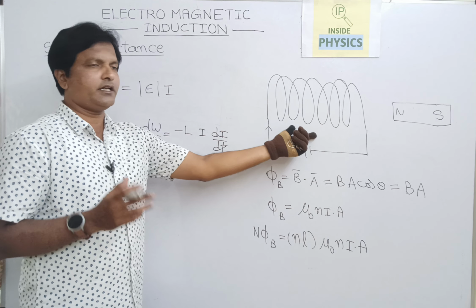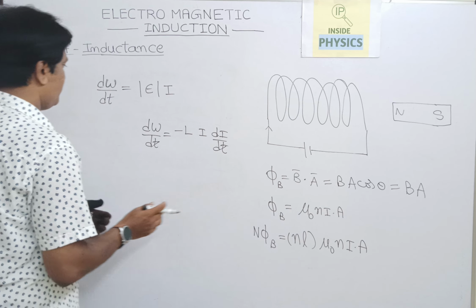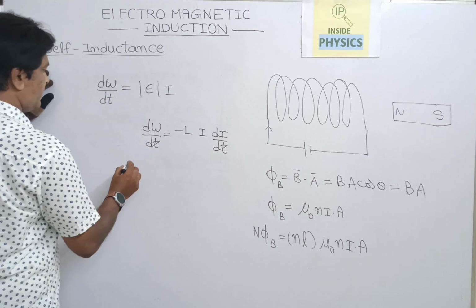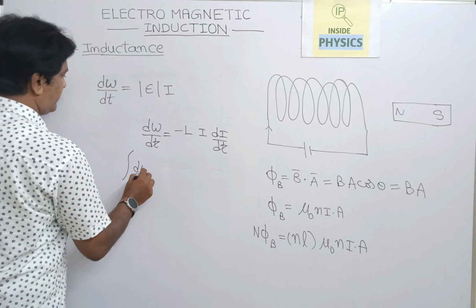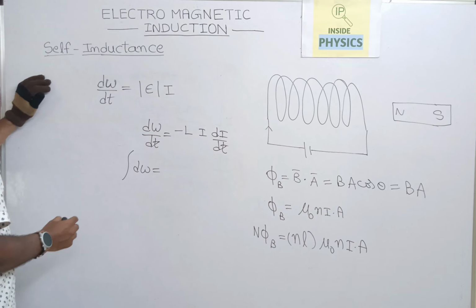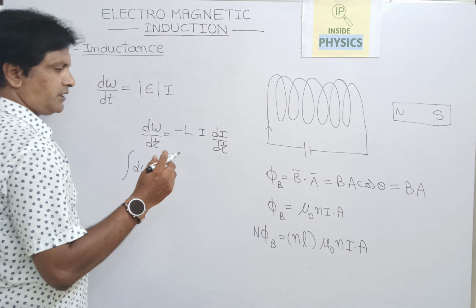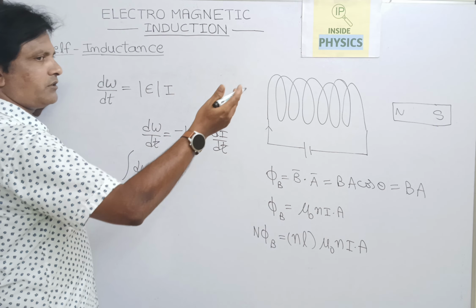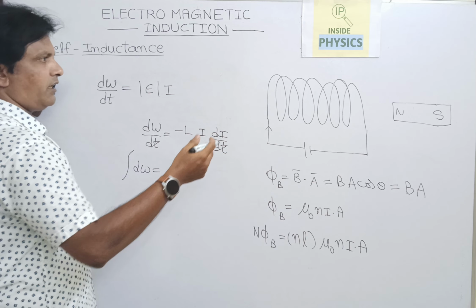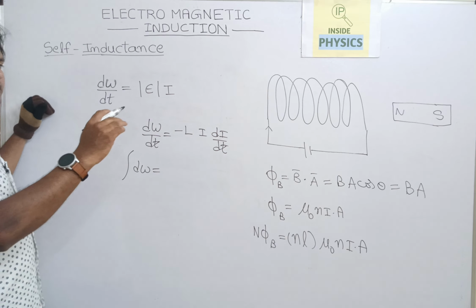Here, if you want to get the total work done in maintaining the current in the solenoid, we can integrate this and get the total work done to maintain the current, when it is at 0 to get it to current I, to maintain the current at a particular level.